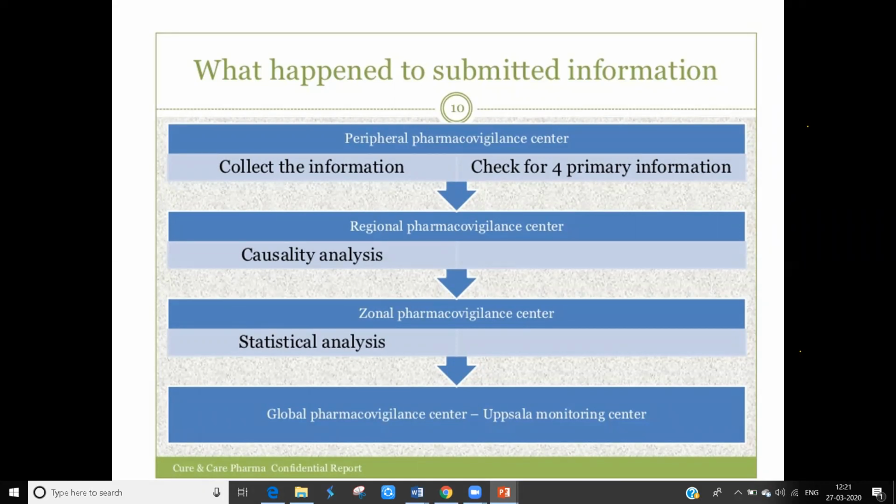These four primary pieces of information should be there in any report, and the reports will be sent to regional pharmacovigilance centers, where they do the causality analysis, and to the zonal pharmacovigilance center, where they do the statistical analysis, and also to the global pharmacovigilance center, the Uppsala Monitoring Center.